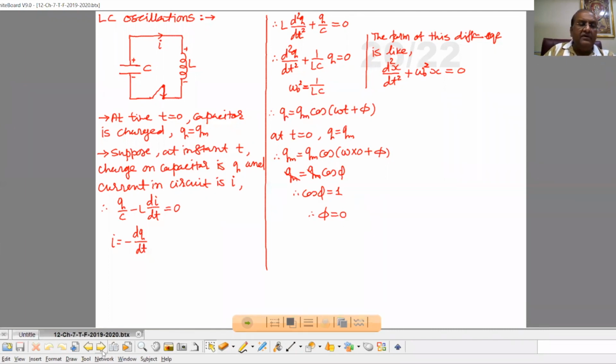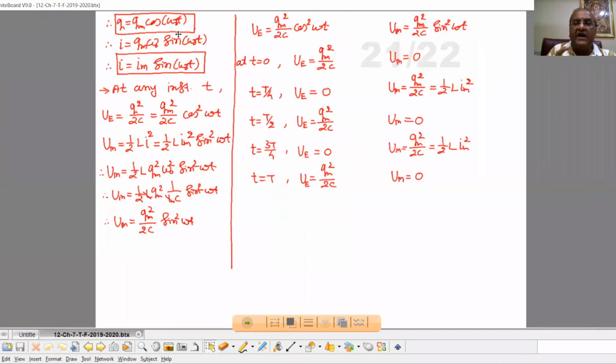Now if we substitute phi equal to 0 in the solution of the differential equation q equal to qm cos(omega t plus phi), we will get q equal to qm cos omega 0 t. Now I is the differentiation of this one, dq by dt with a negative sign.